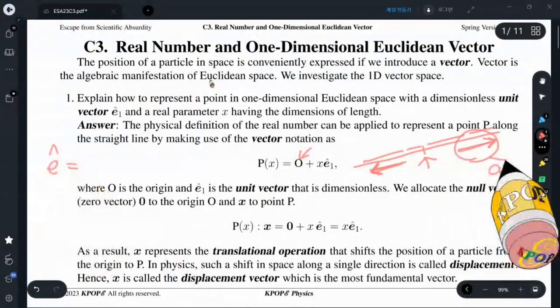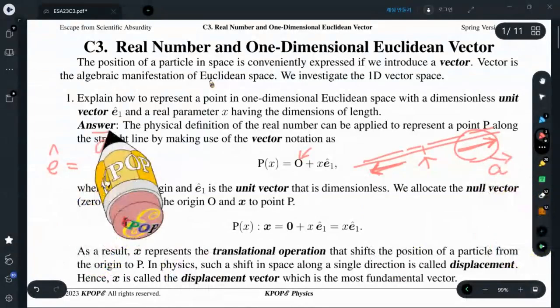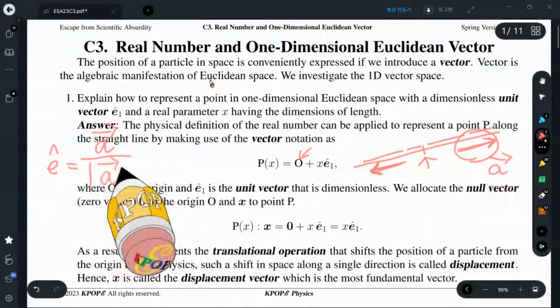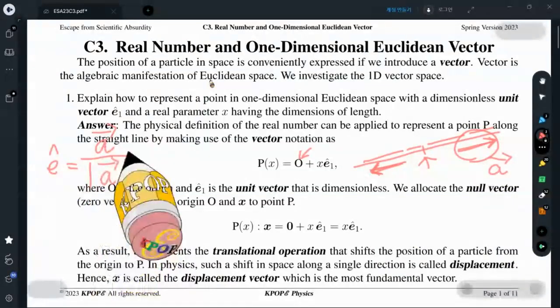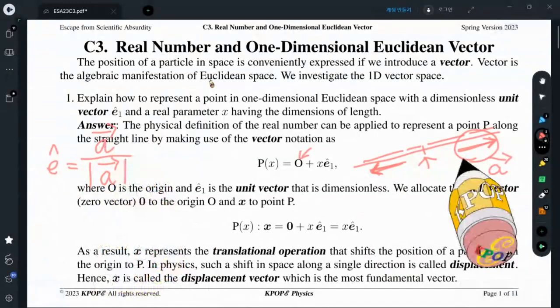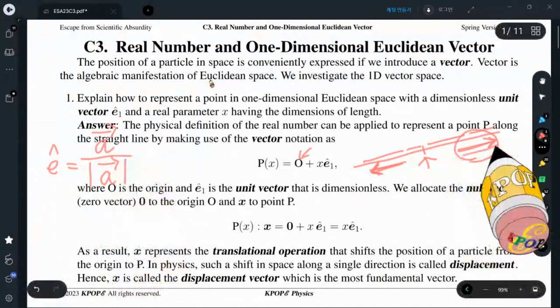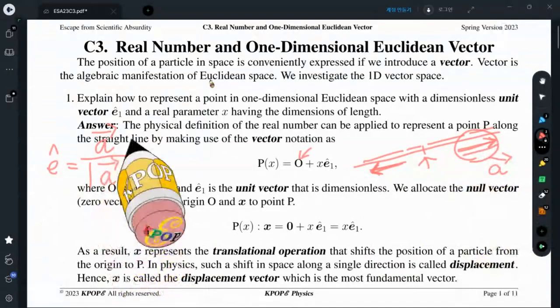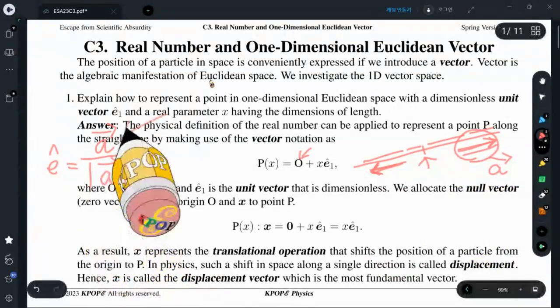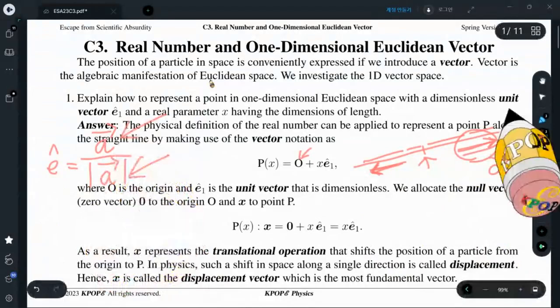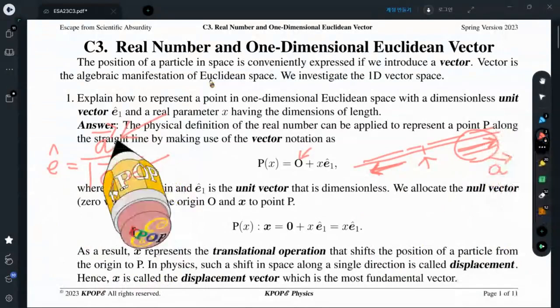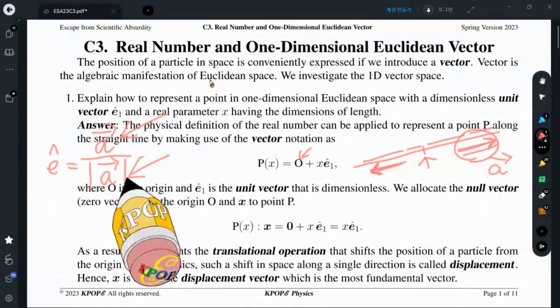Let me say it is A. A divided by the magnitude of A. Magnitude of A is just the length of A. Both of them are of dimensions of length.